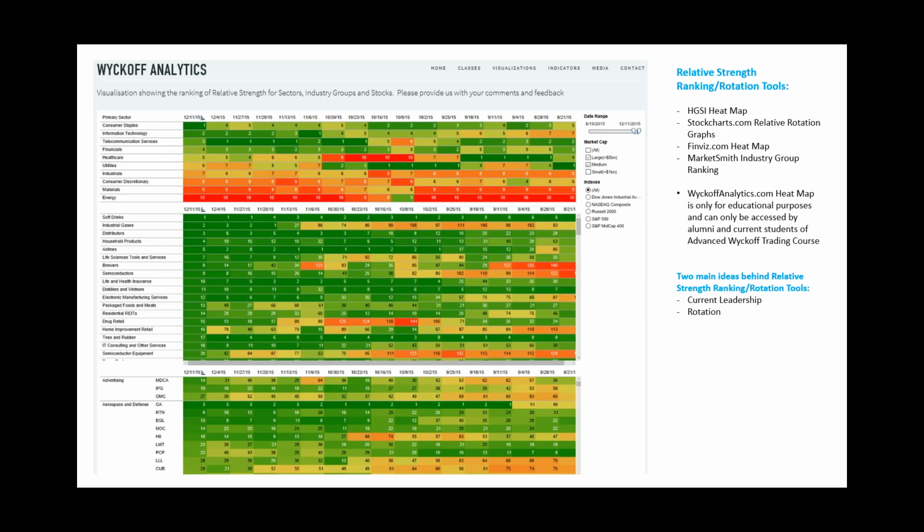So your options are somewhat limited. You're picking the correct stuff, but it's already overextended. And that works both on the upside and on the downside.